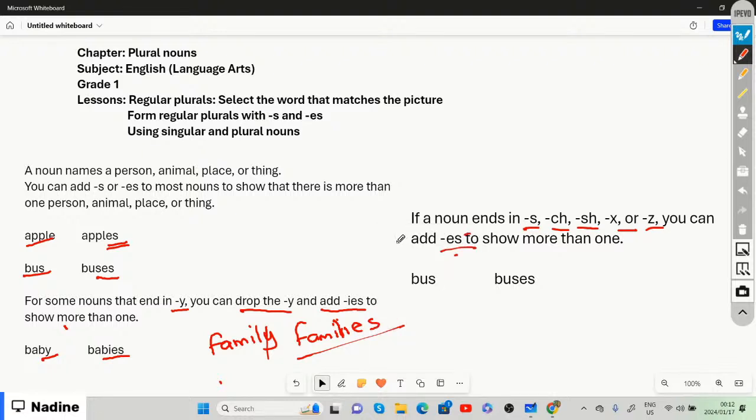So if a noun ends in either S, CH, SH, X, or Z, then you can just add an ES to show that there's more than one, which is one bus. And all we did was add an ES to show that there's more than one. So one bus, but more than one, buses.